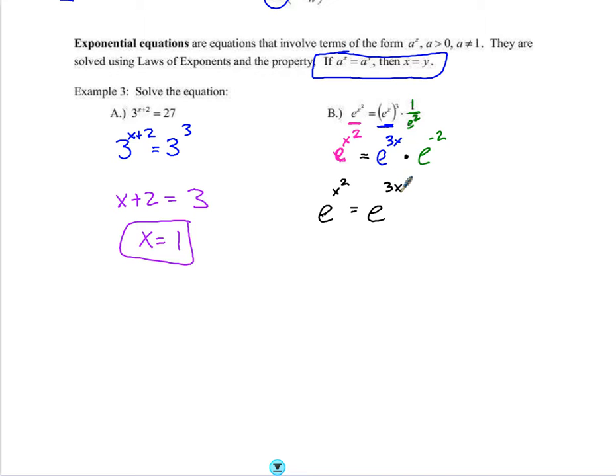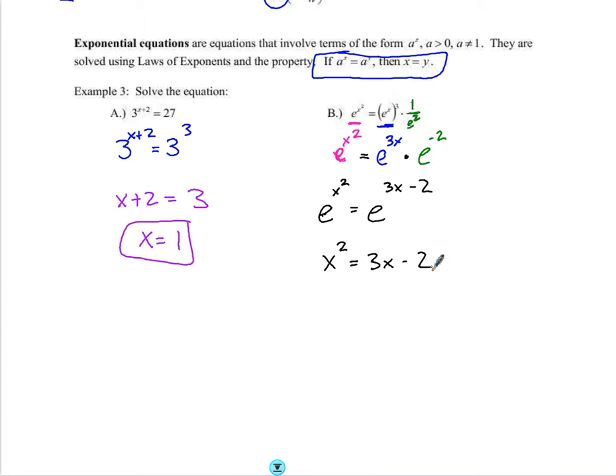Any ideas what I should do now? Since I made it look like a to the x is equal to a to the y. Yeah, set the exponents equal to each other. So now, x squared is equal to 3x minus 2. A little square rooting, right? Square root, and we'll divide by 3.